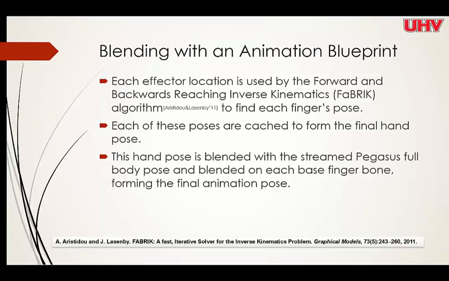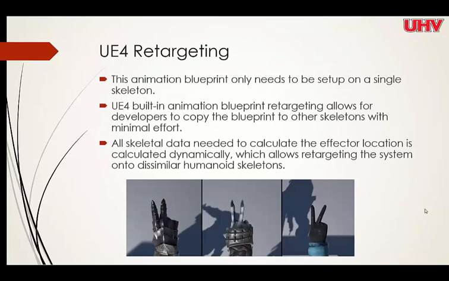Then this hand pose will be blended with the streamed Pegasus full body pose, or the full body animation that is pre-recorded in an FBX animation file, and blended on each of the base finger bones to form the final animation pose.